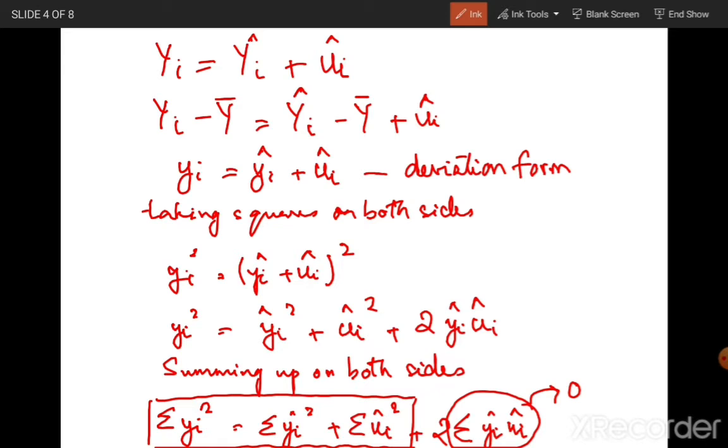So this is the relation that I'm interested in. Rewriting what I derived, I had got summation yi square is equal to summation yi hat square plus summation ui hat square.